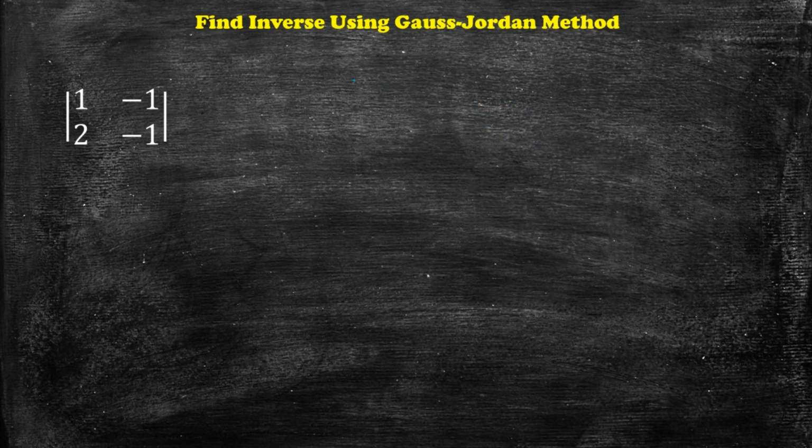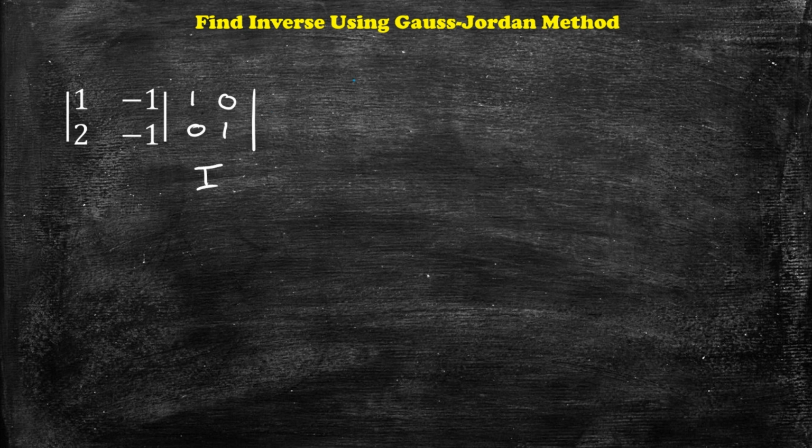Example number 1. We're going to find the inverse of this matrix by using the Gauss-Jordan method. So what we want to do when using this method is, adjacent to your matrix, write the identity matrix, which is 1, 0, 0, 1. Okay, so this is the identity matrix.